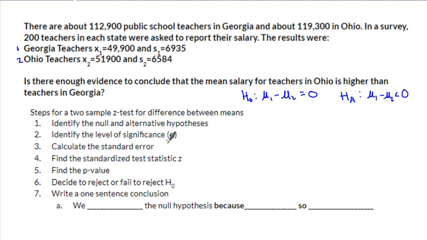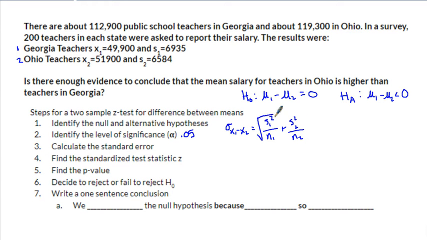Okay, level of significance. I don't see it listed here, so I'm going to say 0.05. That's usually a general rule that if you don't see one in a problem, we assume it's 0.05. I will make sure that anything I give you has it listed. Okay, standard error. All right, so that is our formula. Sigma x1 minus x2 is equal to the square root of S1 squared over N1 plus S2 squared over N2.